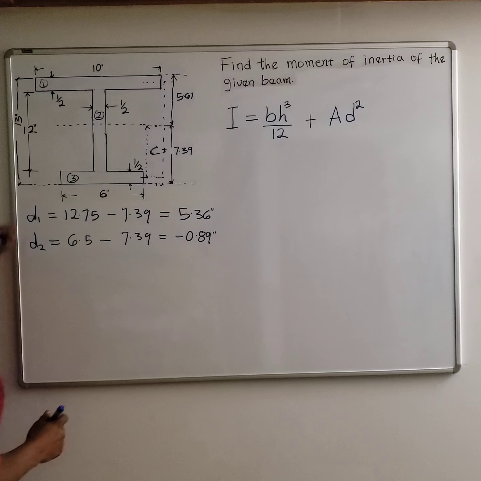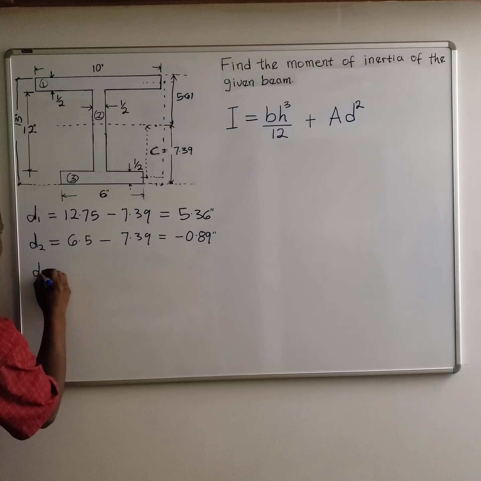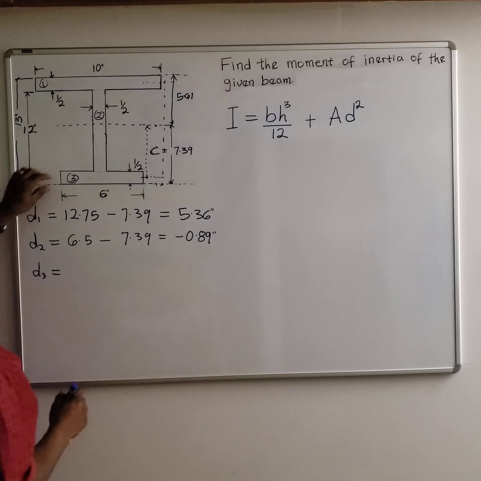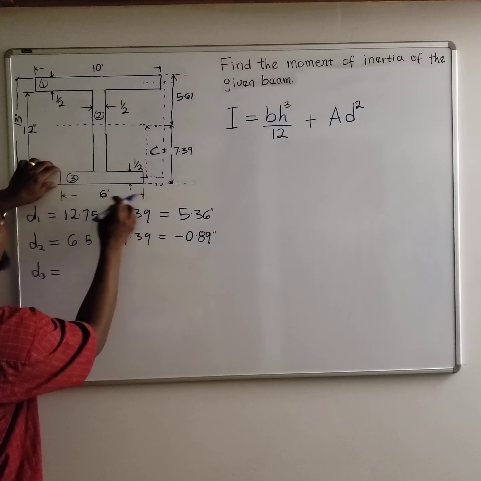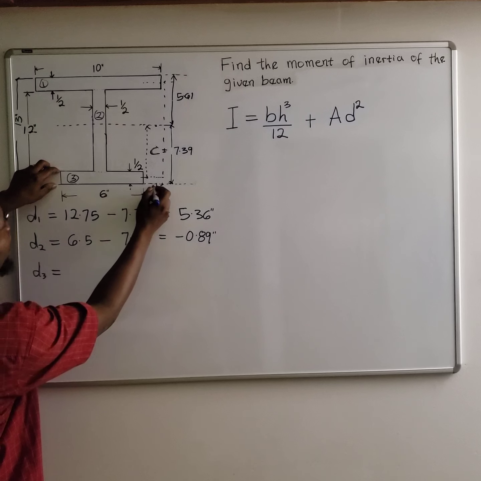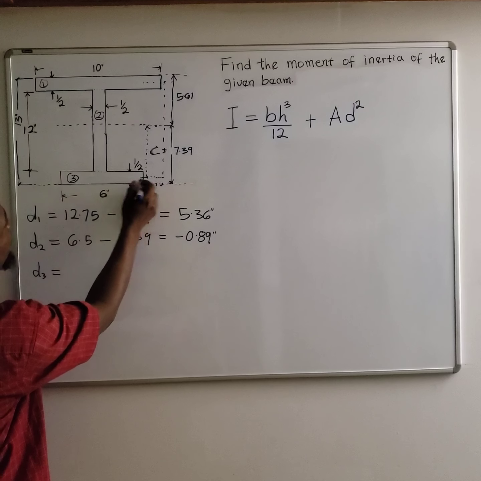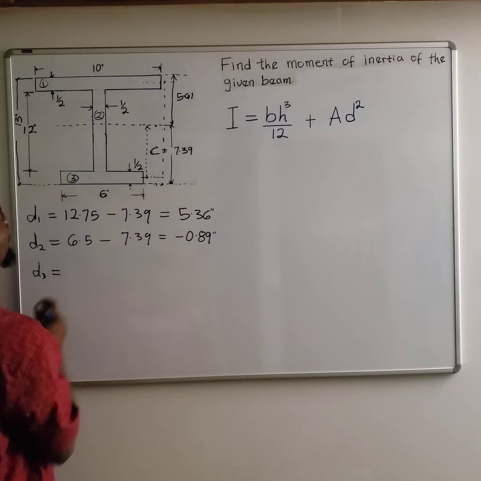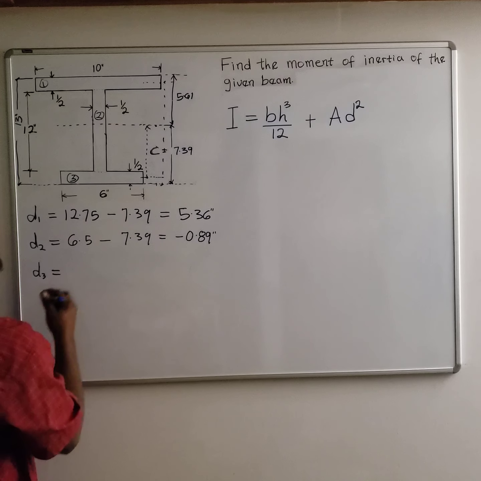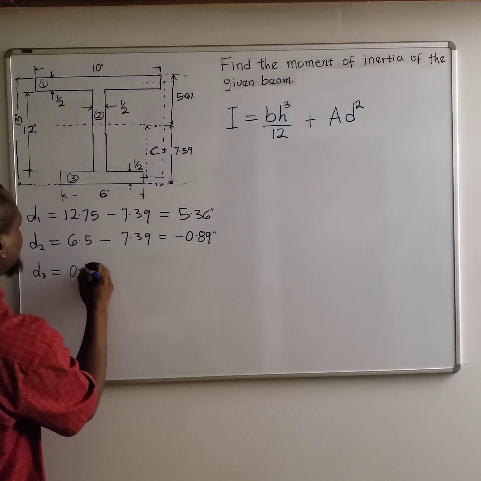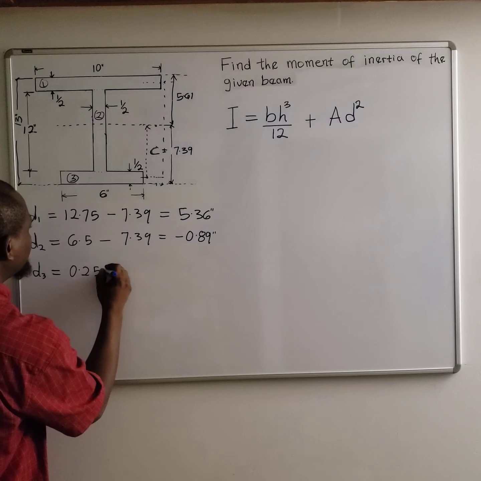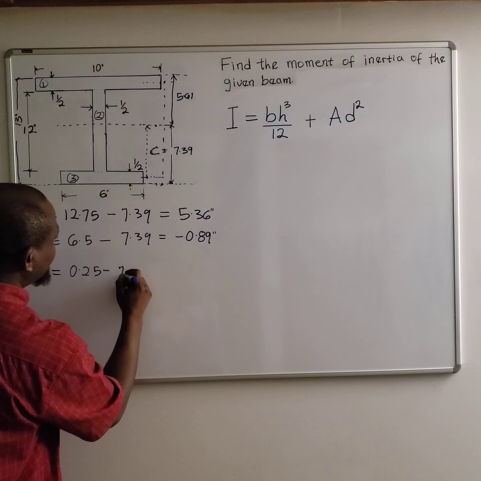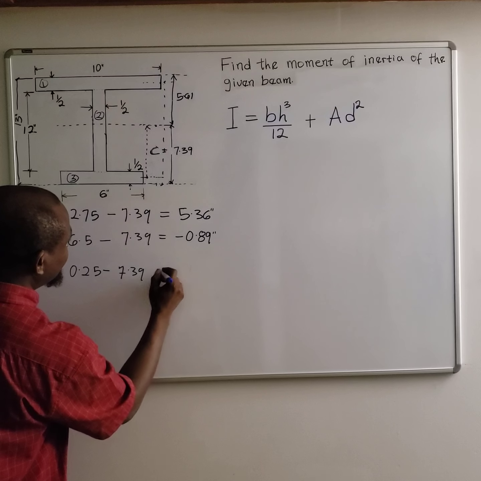Okay? And then for our D3, this is ½ inch from here to the middle of this rectangle. That will be 0.25. So 0.25 minus 7.39.